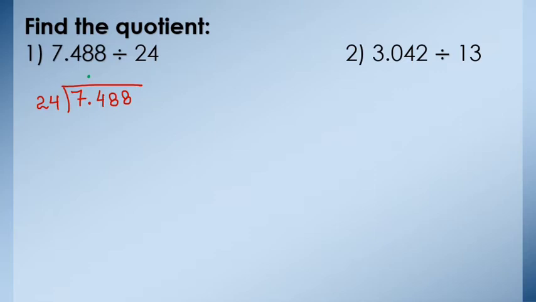Now the number is 74. 24 threes are 72. Subtract them. 2 will be left. Bring down 8. Now 24 ones are 24. Subtract them. 4 is left.